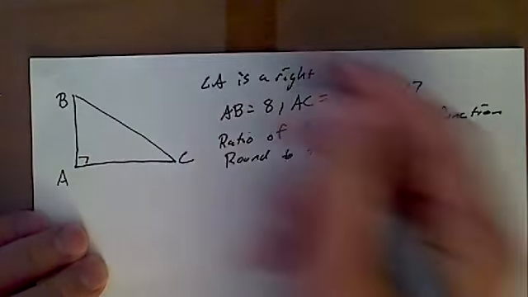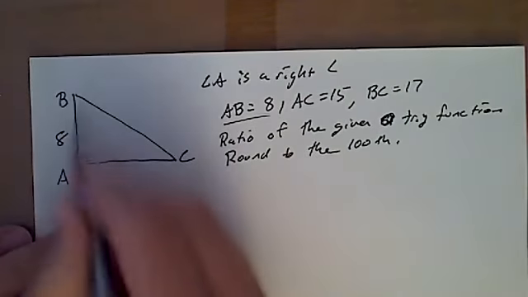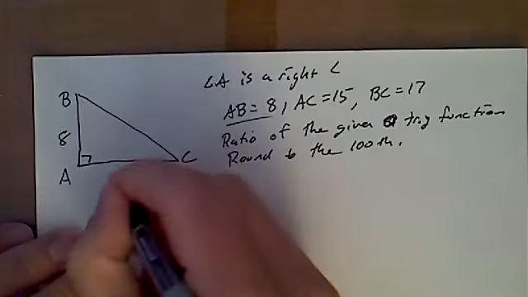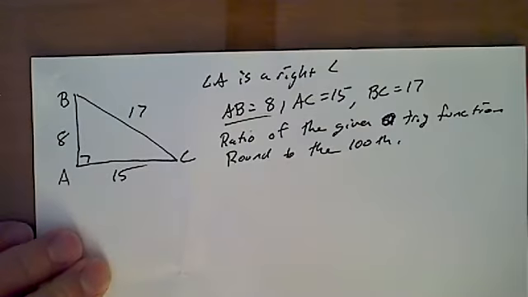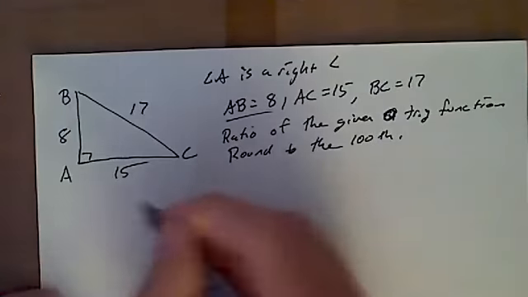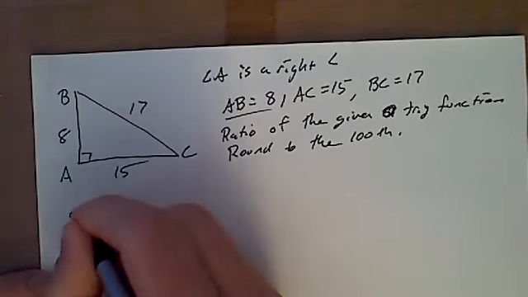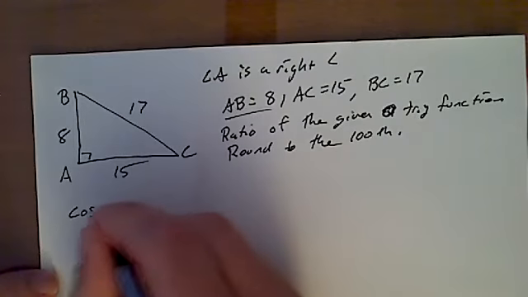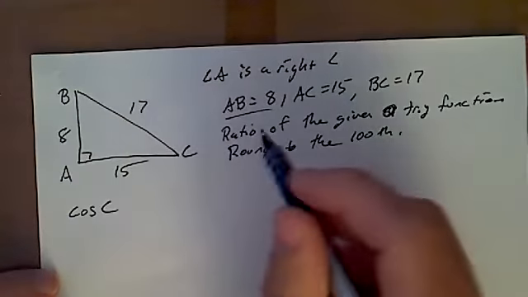and then fill in the information we have. So we have AB is 8, that's the segment AB. AC is 15. BC is 17. Right? And then it'll ask a question like the cosine of C. Right?